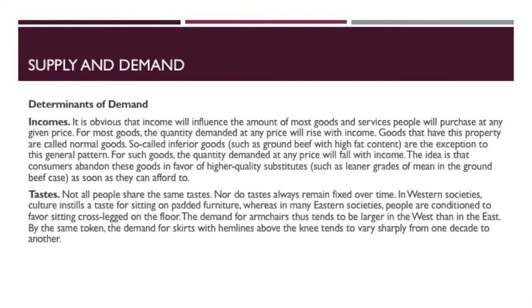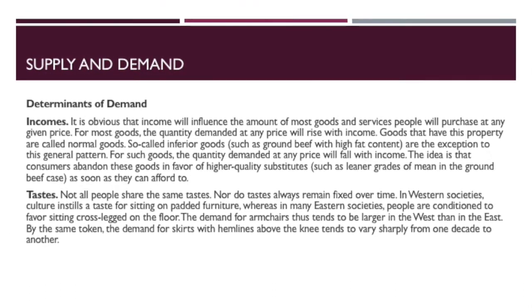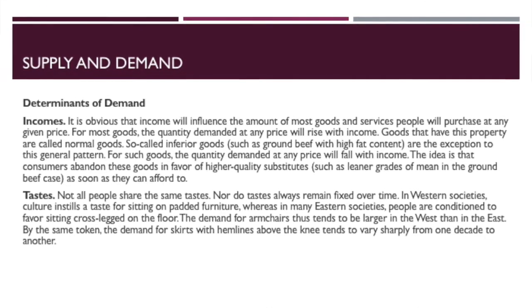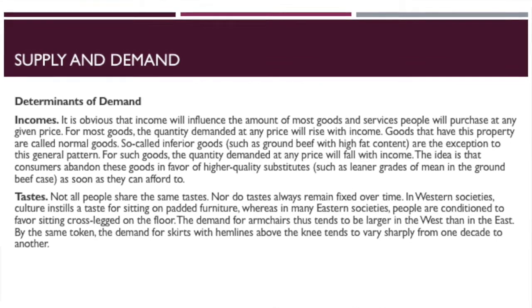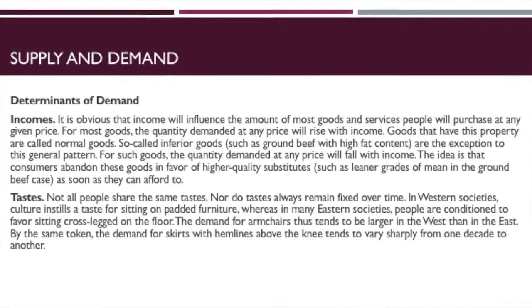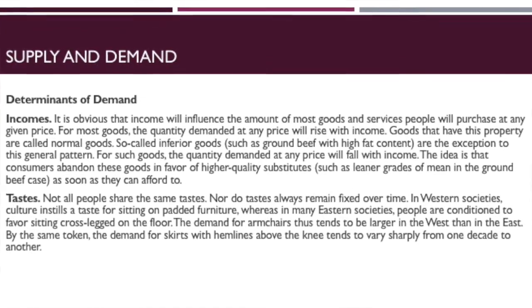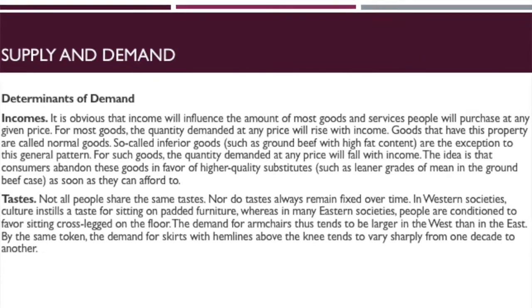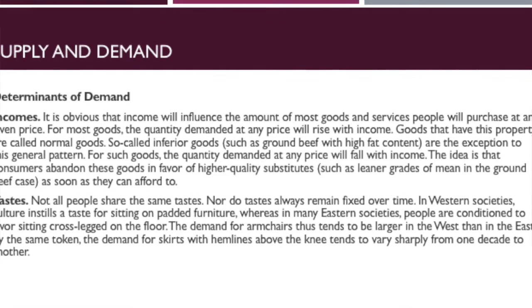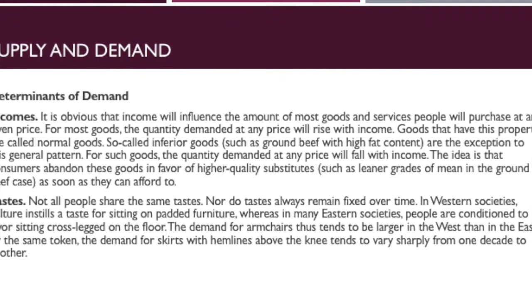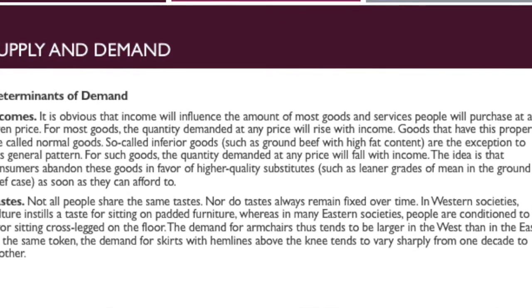Among them are some of the really obvious things like incomes. As your income goes up, you're probably going to demand different kinds of products, more expensive products. You're going to switch from eating instant noodles and Kraft Dinner to maybe, if you have very highfalutin tastes and your income will allow you, eating steak every night, something like that.